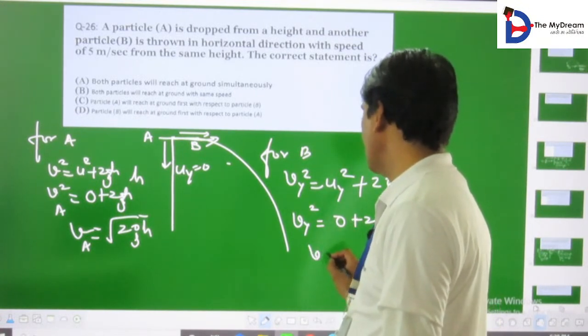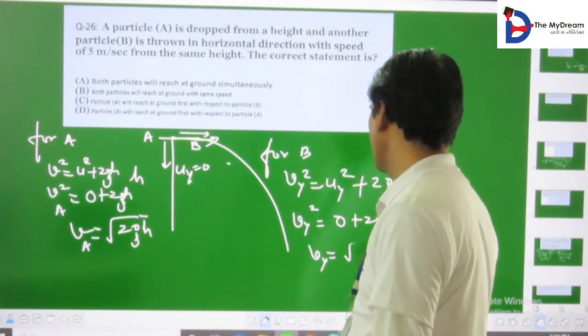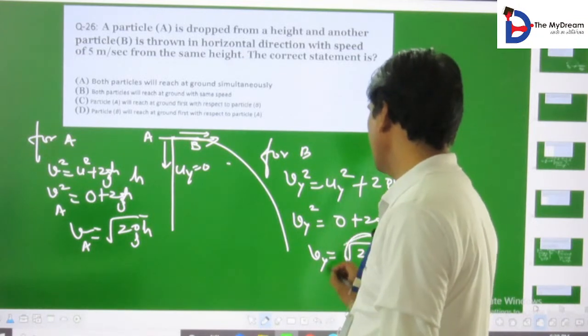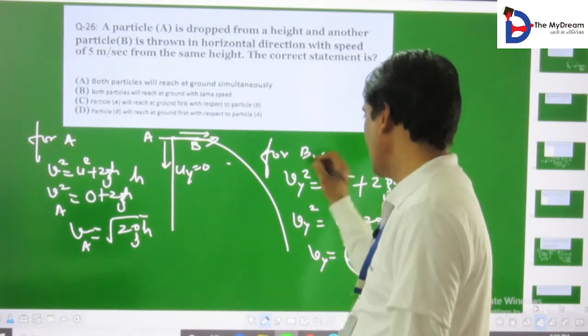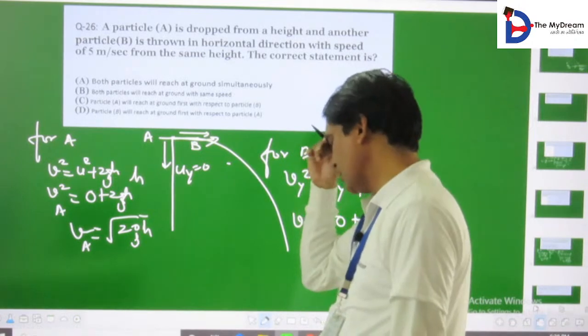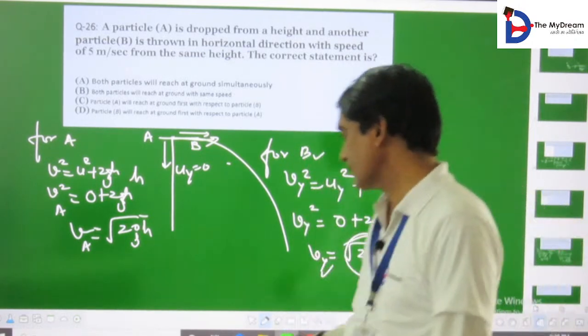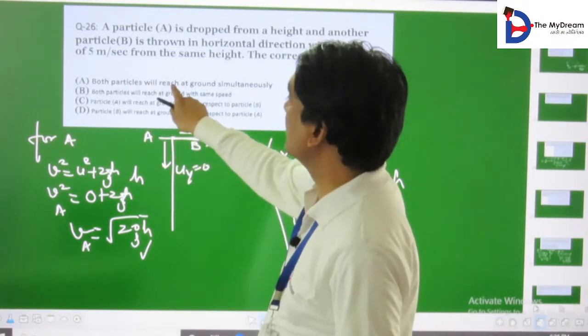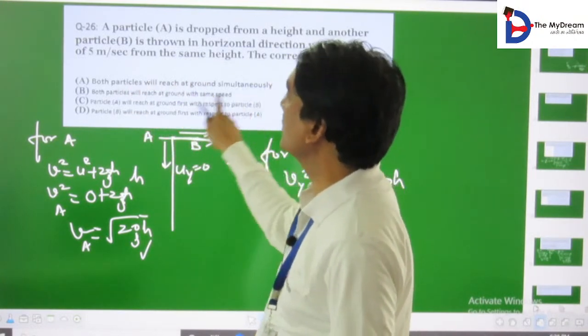And V is equal to, and the magnitude of V, the velocity magnitude for V is V1, and it is equal to this. Both particles will reach the ground simultaneously.